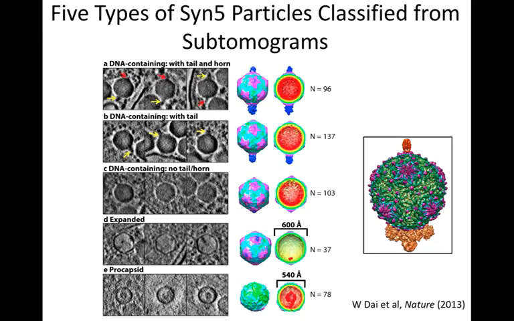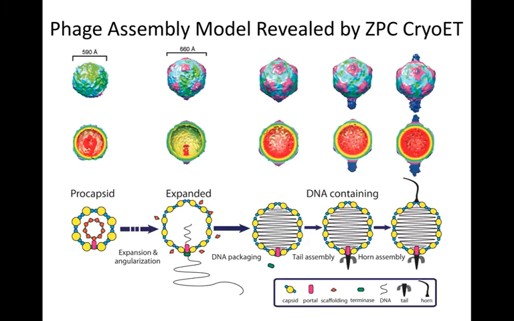So based on these types of analysis, we suggest an assembly pathway of this phage particle. It initially forms a procapsid with the help of the scaffolding protein, and subsequently expands upon entry of the DNA, triggering a lot of conformational variations, and the scaffolding protein escapes through the hexon with the opening of that.